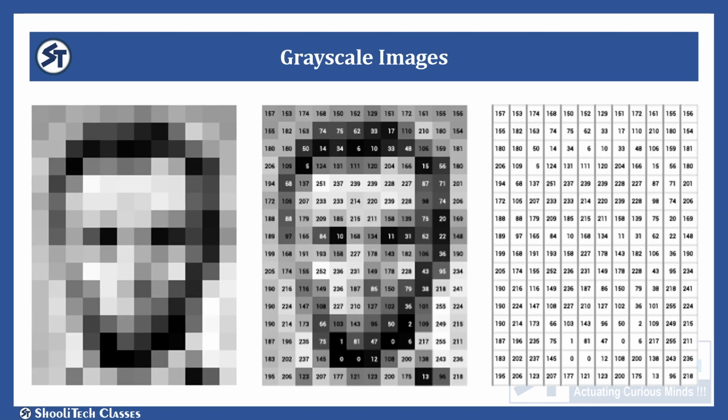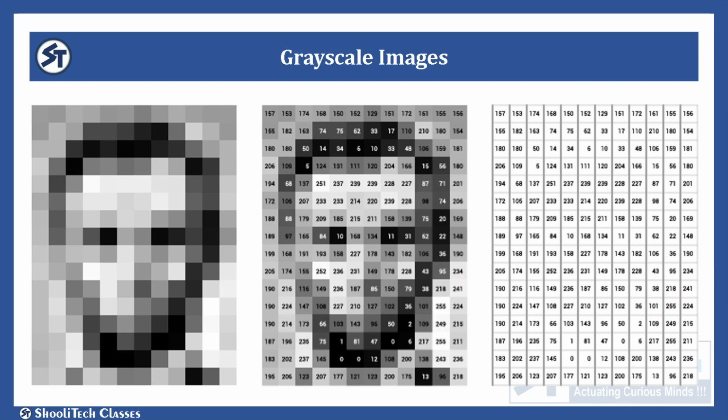Now let's discuss a little bit about grayscale images. Grayscale images are images which have a range of shades of gray without apparent colors. The darkest possible shade is black, which is the total absence of color or zero value of pixel, and the lightest possible shade is white, which is the total presence of color or 255 as the value of pixel.